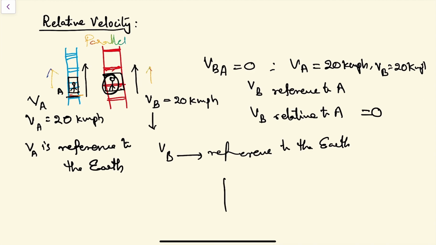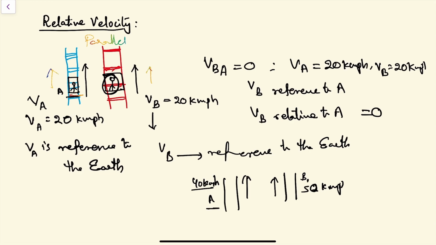Suppose A has a speed of 40 kmph and B has a speed of 50 kmph. Both are moving in the same north direction.